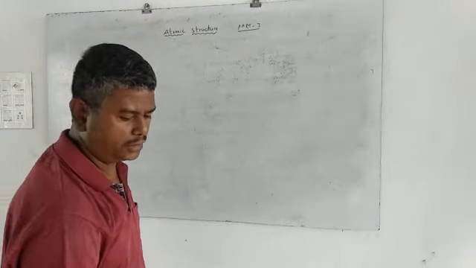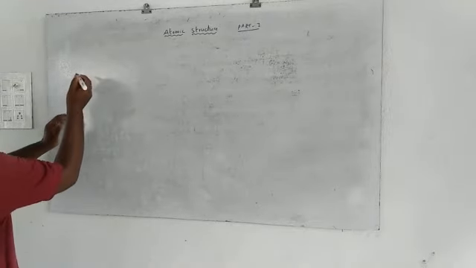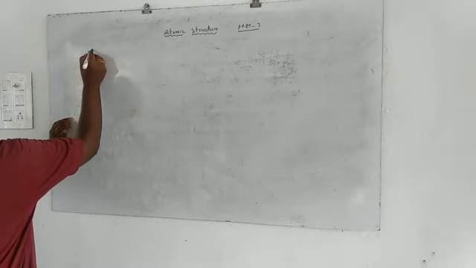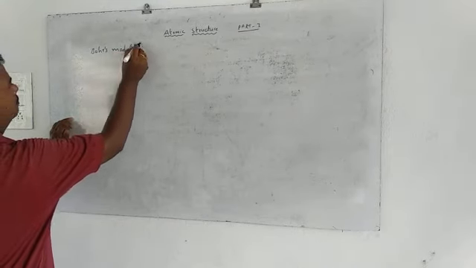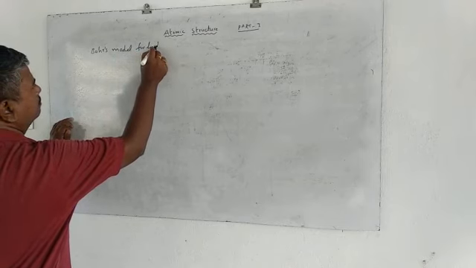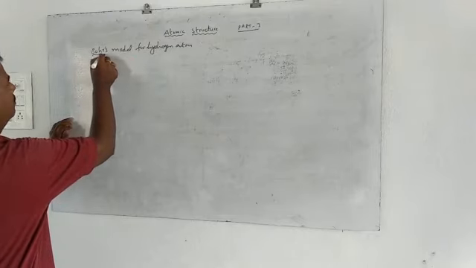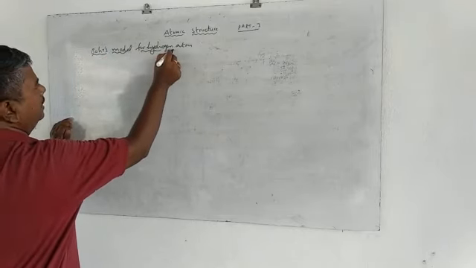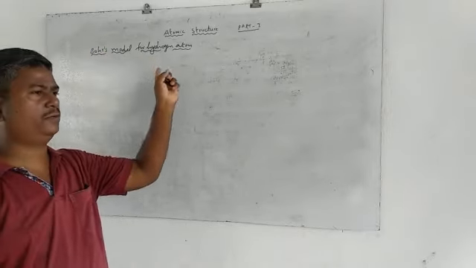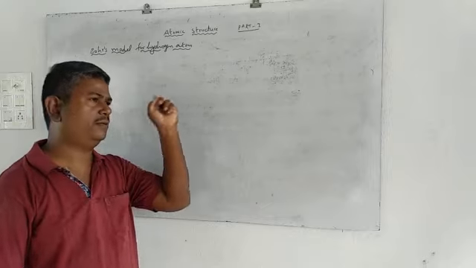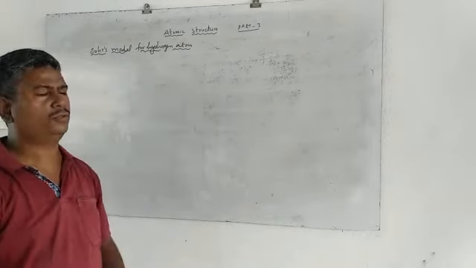Now we study the Bohr atomic model, that is, Bohr's model for the hydrogen atom. The Bohr atomic model is applicable to single electron species like hydrogen, He+ ion, Li2+ ion, and so on. We will discuss that later.